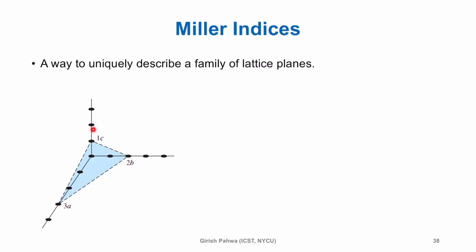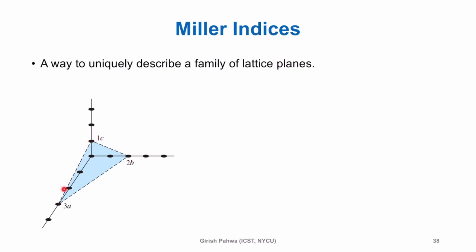Till now we talked about cubic lattices, so a, b, and c were equal. But they can be different also. The unit cell may not be a cube; it could be a cuboid, or it may have any other weird shape. So say this is 3a, this is 2b, and this is 1c. The spacing between the atoms might be different in different directions.